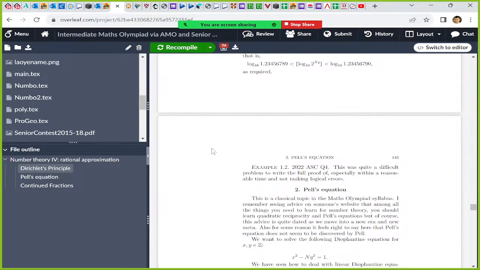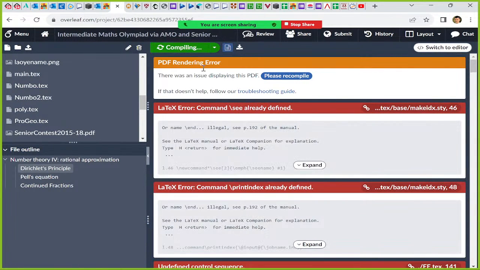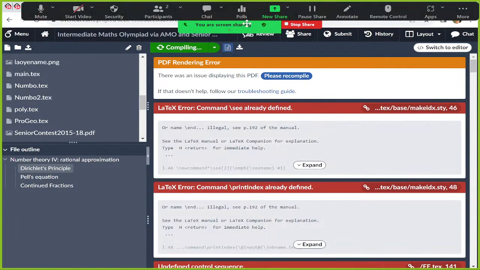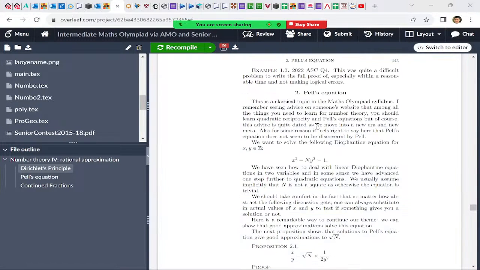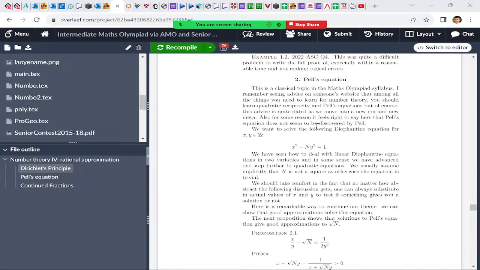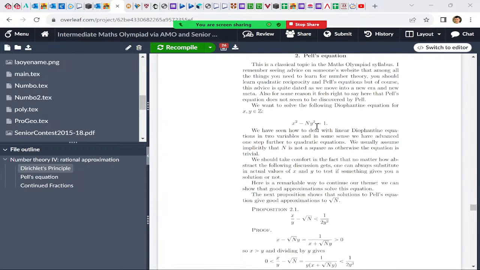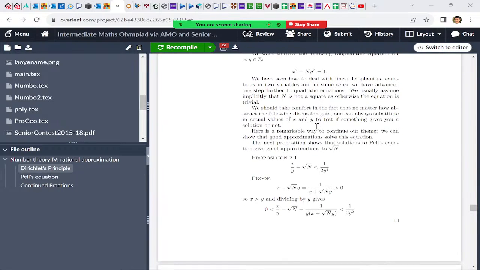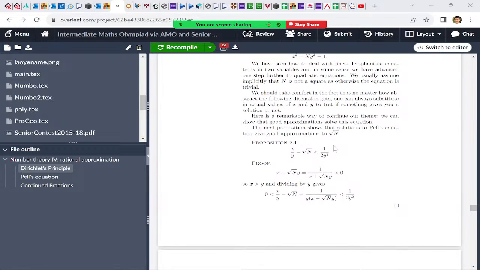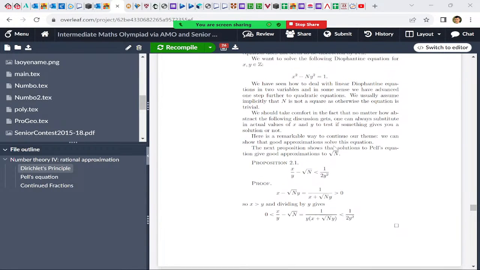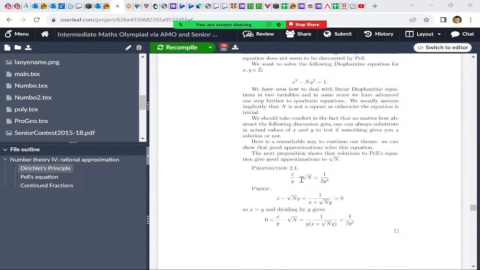So if you look at this, can you see that? Essentially, if you do Pell's equations, the solutions have to come from rational approximations.